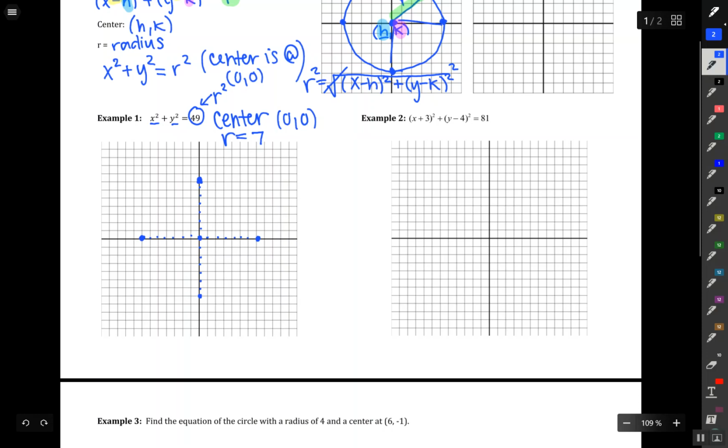Then you do your best, if you're doing this by hand, to connect them in a circle. Oops. Let's try again. All right, good enough. It doesn't have to be perfect.